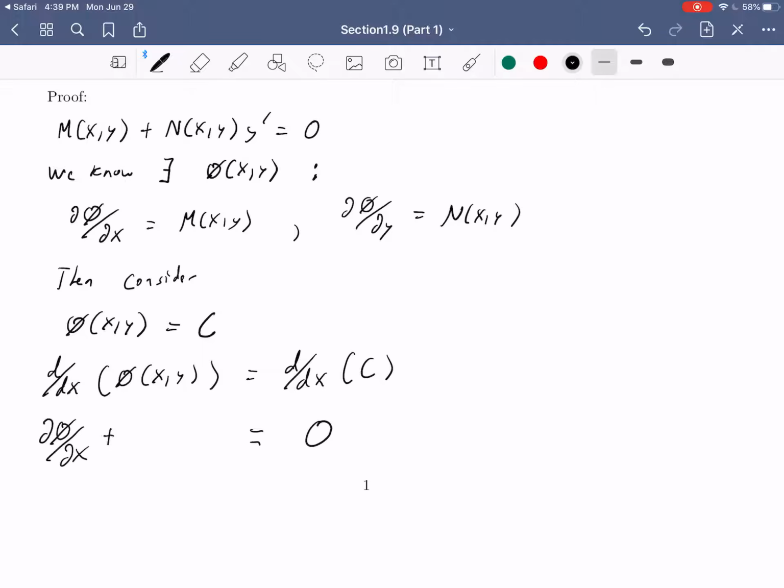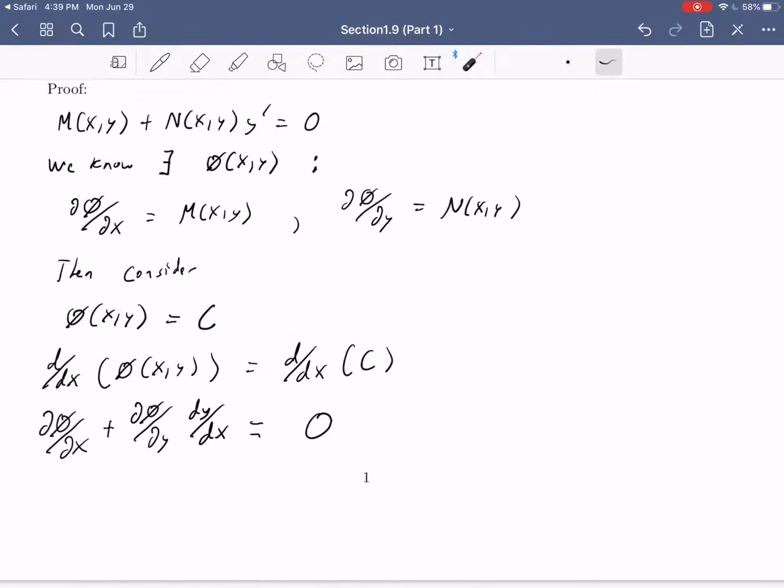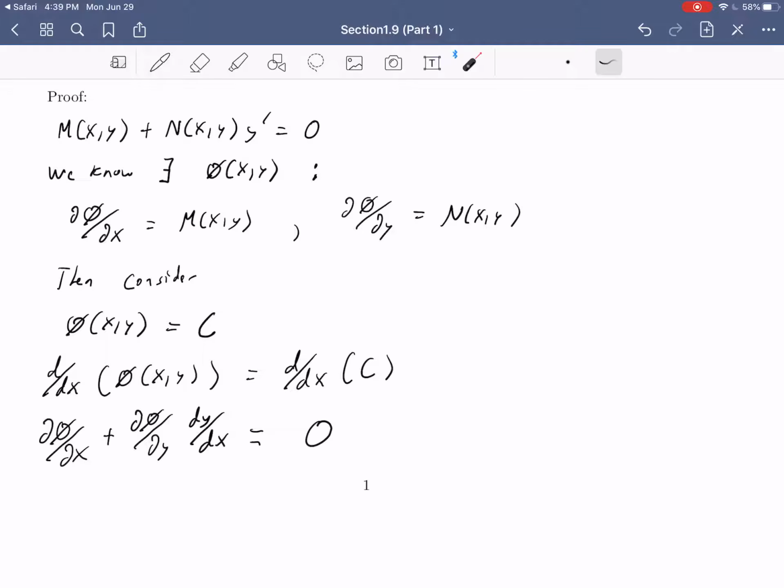Then you add to that the derivative with respect to y, treating x as a constant. But since we're also viewing y as a function of x, then by chain rule, we also get dy/dx, where this, again, is the standard derivative of y with respect to x, treating y as a single variable function of x.